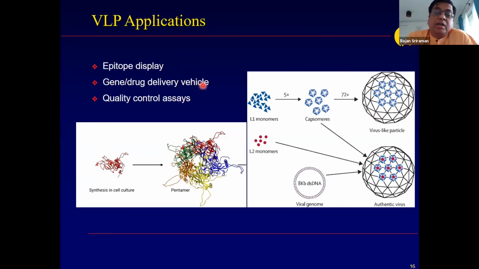And as I said earlier, although this 8 kilobase genome is part of an authentic virus, L1 can also package an 8 kilobase genome.